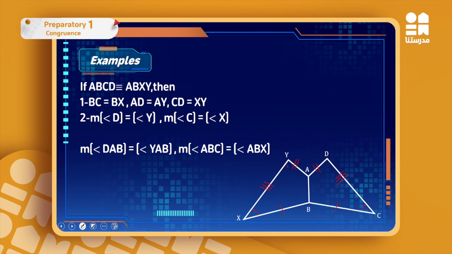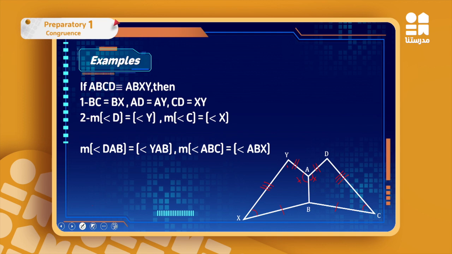Here we have DAB, this one. Let's put x, and then it's equal to the measurement of angle YAB, this one. As you can see, they are congruent, or they have the same measurement.